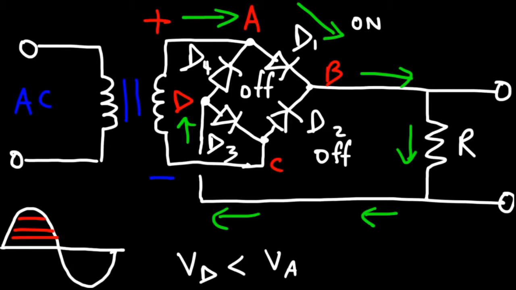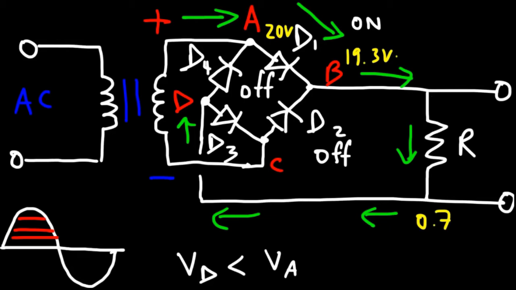That is conventional current. So let's say that point A was at 20 volts. Point B will be at 19.3 volts. A typical diode has a voltage drop of 0.6 or 0.7 volts. Now there's going to be a voltage drop across this resistor. And let's say it's probably going to be 0.7.